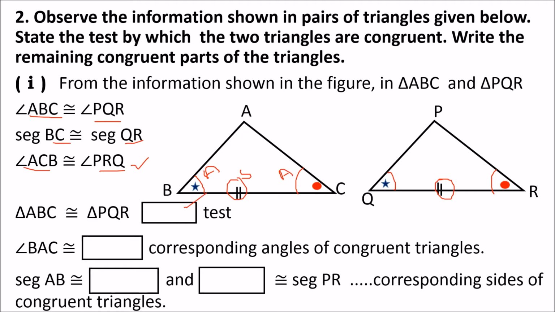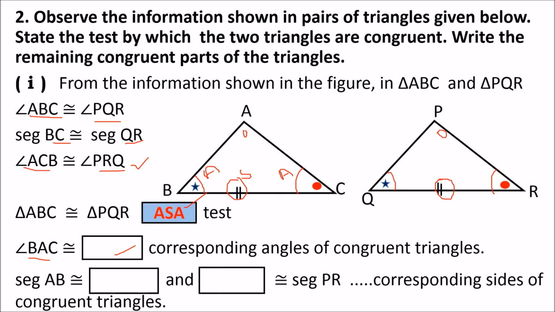Now look over here. It is given that angle BAC is congruent to dash. Angle BAC is congruent to angle QPR. Why are these two angles congruent?